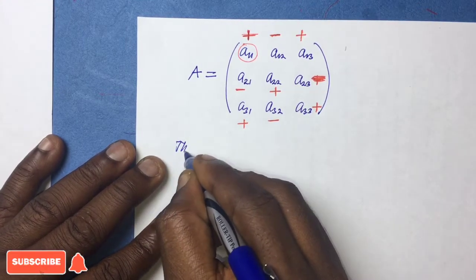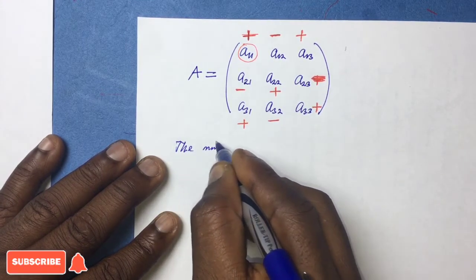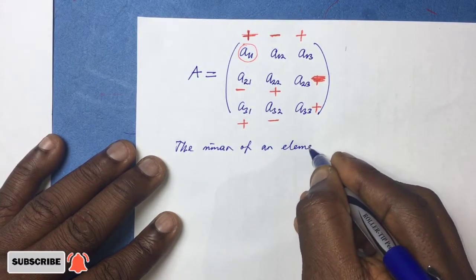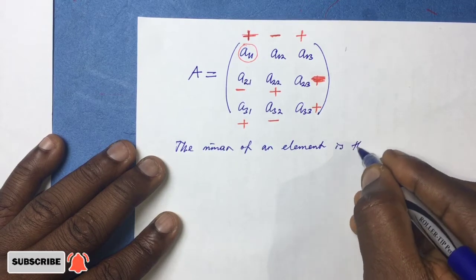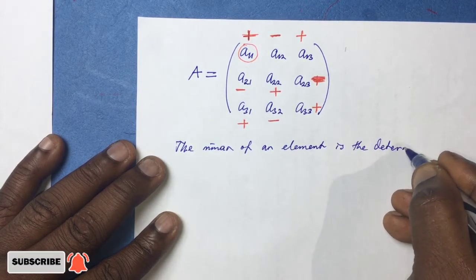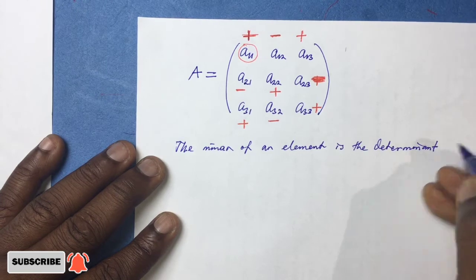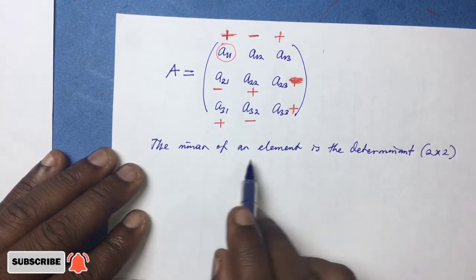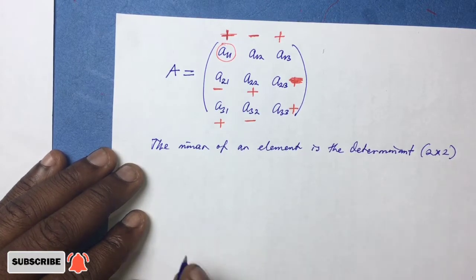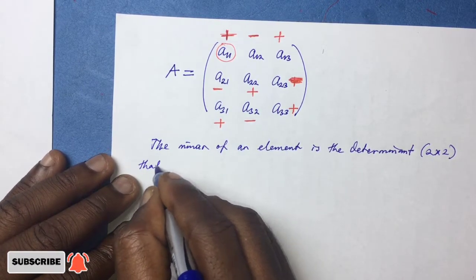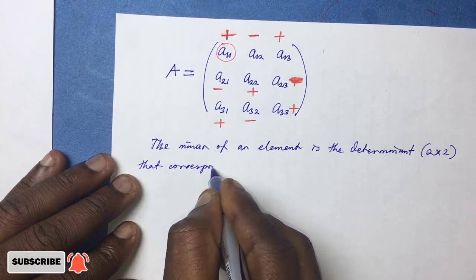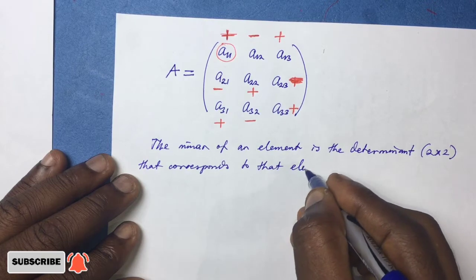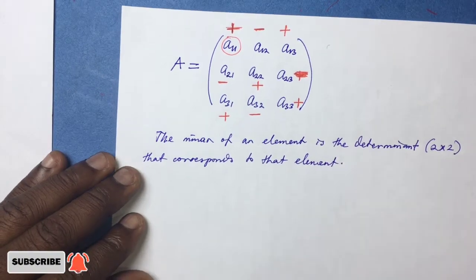So, the minor of an element is the determinant, in this case, the 2 by 2 determinant, that corresponds to that element. Okay? So I'm going to show you how that is formed.